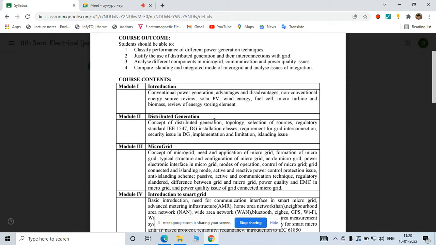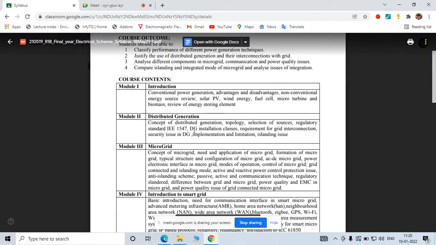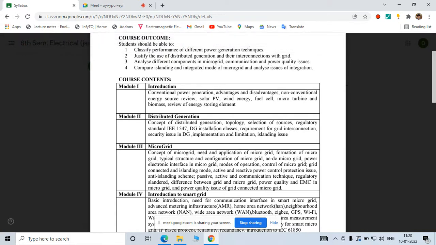In the second unit, we will study distributed generation, and how to introduce new technology in that, so we are able to control the synchronization of that power. Depending on the load situation, we have to regulate that.